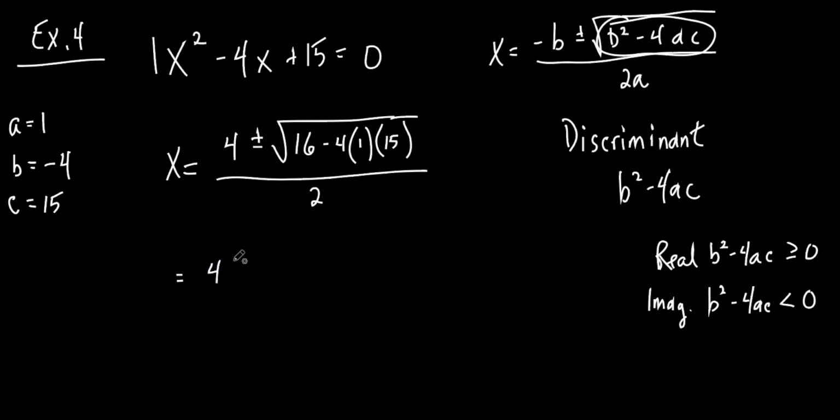So it's going to be 4 plus or minus the square root. We already talked about this. 16 minus, what did I say that was, 60? What's 16 minus 60? Minus 44, is that right? Okay, over 2. Let's keep going. 4 plus or minus. Let's simplify the square root of 44.